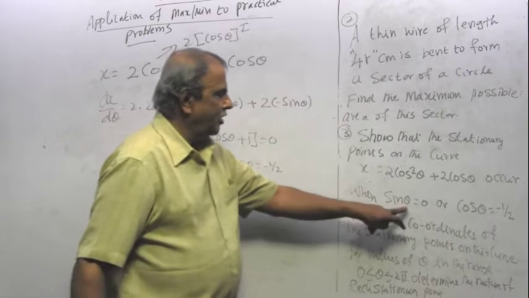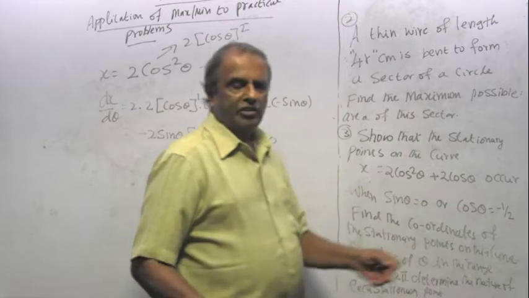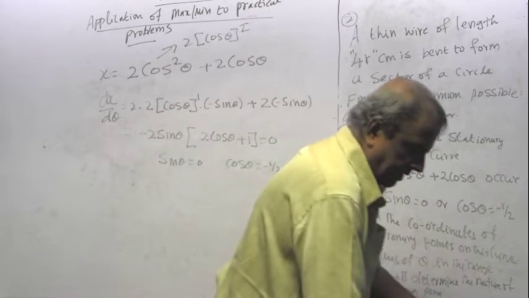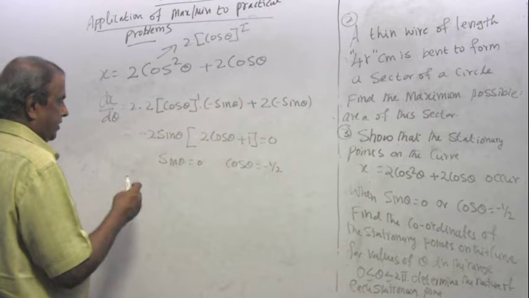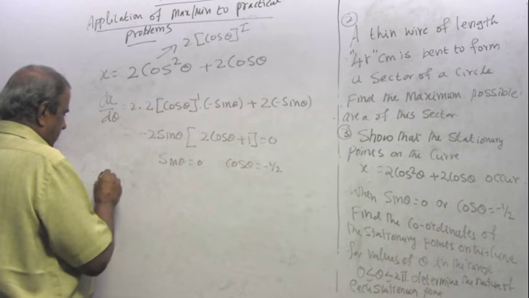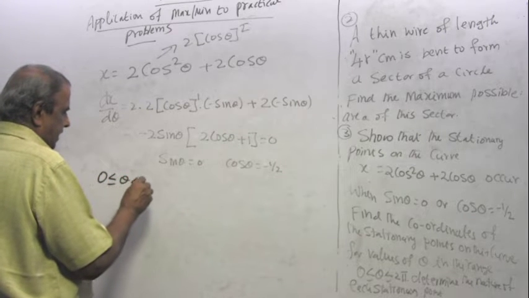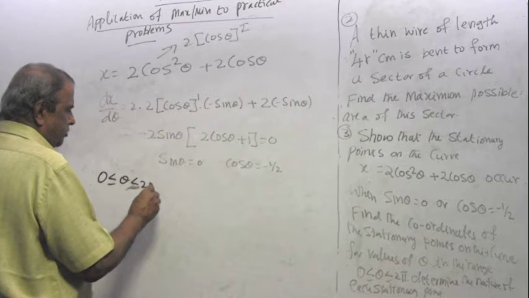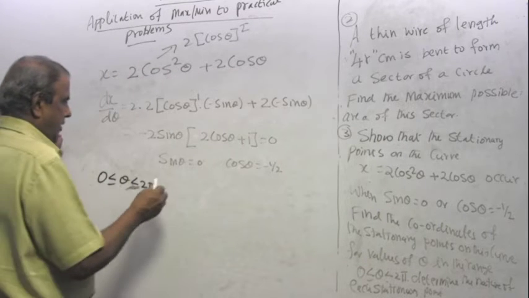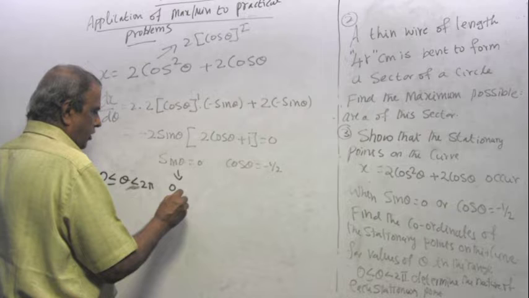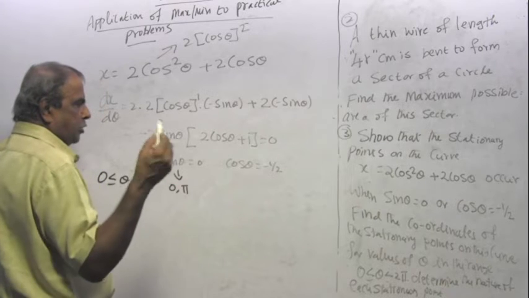You're asked to show sin theta equal to 0, cos theta equal to minus half. Then I'm supposed to find the coordinates. You've been given 0 less than or equal to theta less than 2 pi. So therefore, for this one, it is 0 and pi. I'll leave it to you people to figure out.